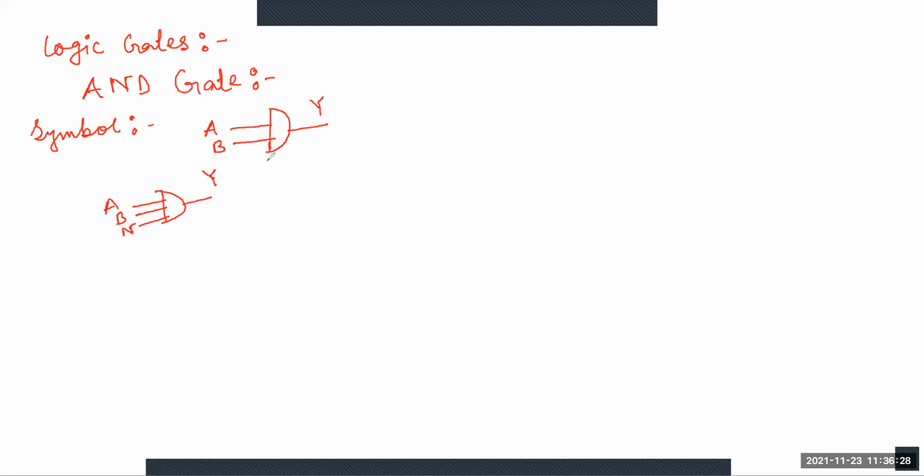So this is the n-input AND gate, and this is the two-input AND gate. Now one thing here: for the AND gate, the expression is Y equals A into B.